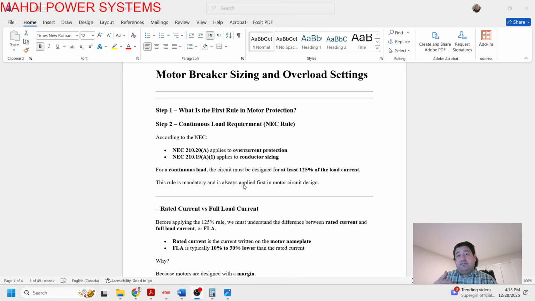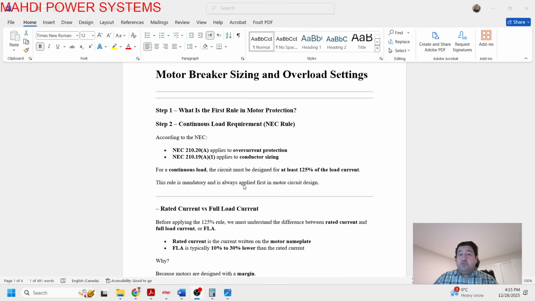The electrical designer starts sizing the motor. He considers a margin for the motor. That means he sizes the motor 10 to 30%, sometimes 40% more than the load that the mechanical engineer specified.